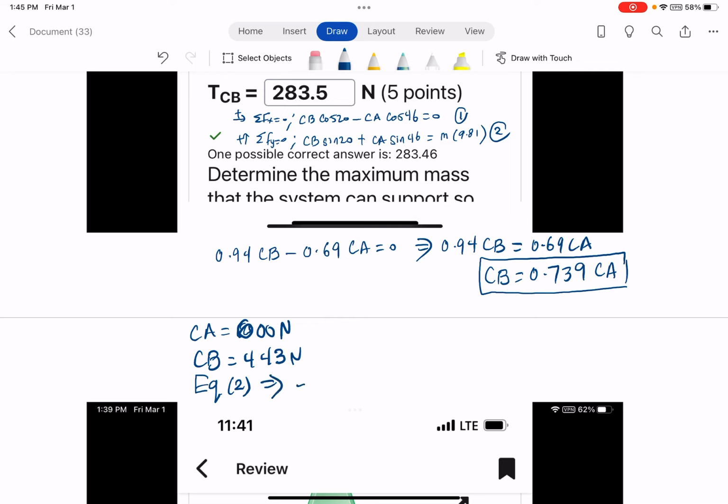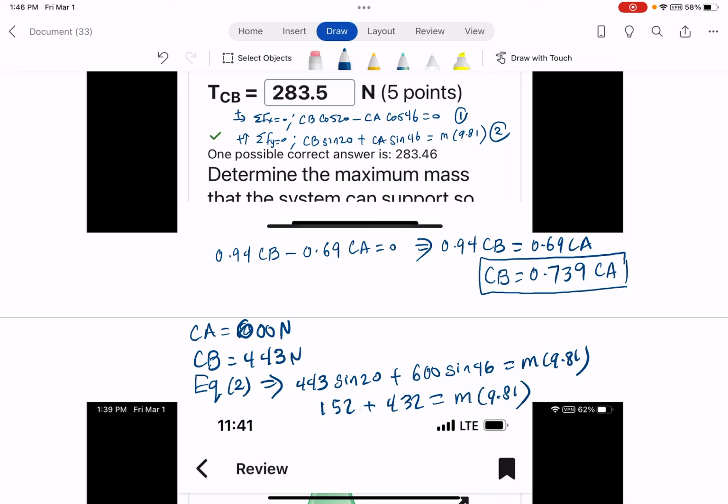So now you go to equation 2: CB is 443 sine 20, plus CA, 600 sine 46, equal to mass times 9.81. 443 times sine 20 is 152, and sine 46 times 600 is 432. So 432 plus 152, divided by 9.81, gives you a mass of 59.5, and that is, of course, in kilograms.